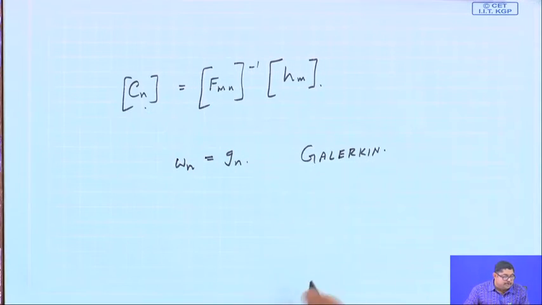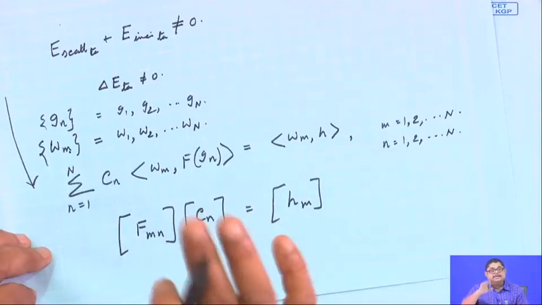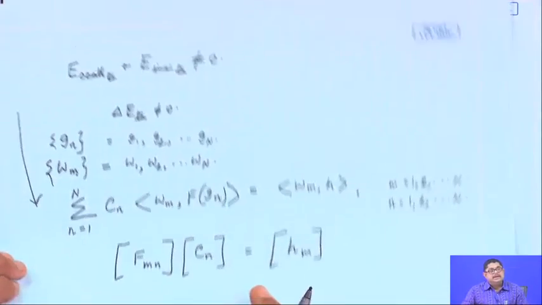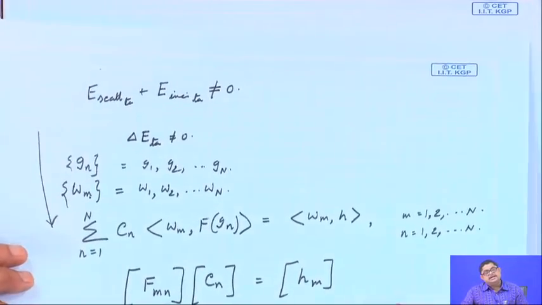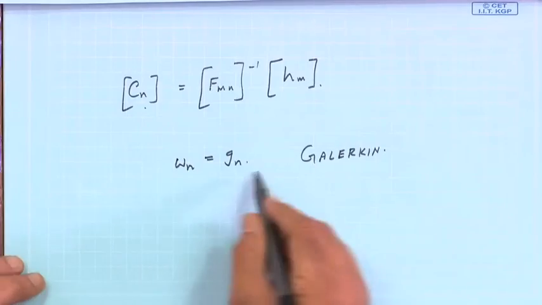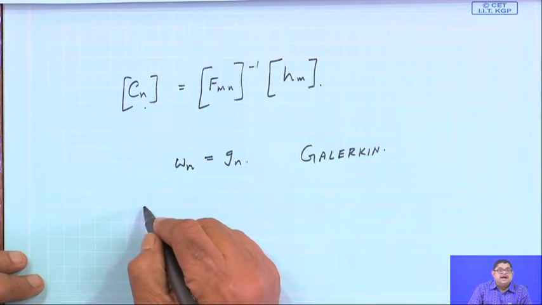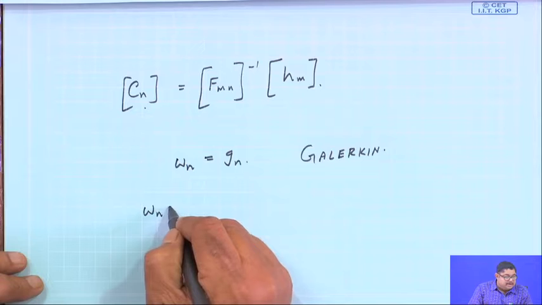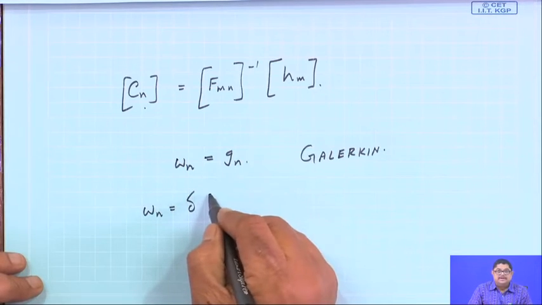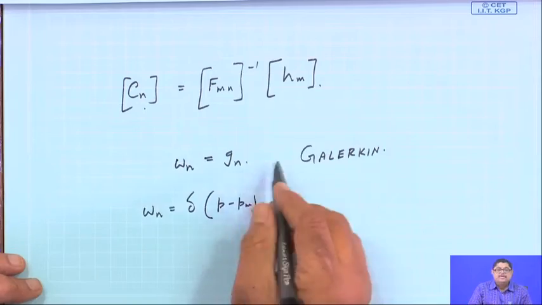So, now I am not going into that here. Actually, in this Fmn there is an integration. Many times that integration can be solved. If it cannot be solved, then there is another way: instead of taking these Galerkin functions, you take the omega n to be a delta function at various points, etc. Why?